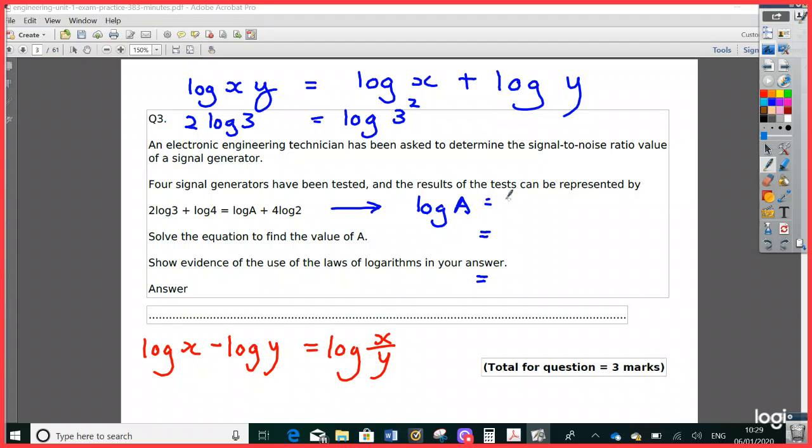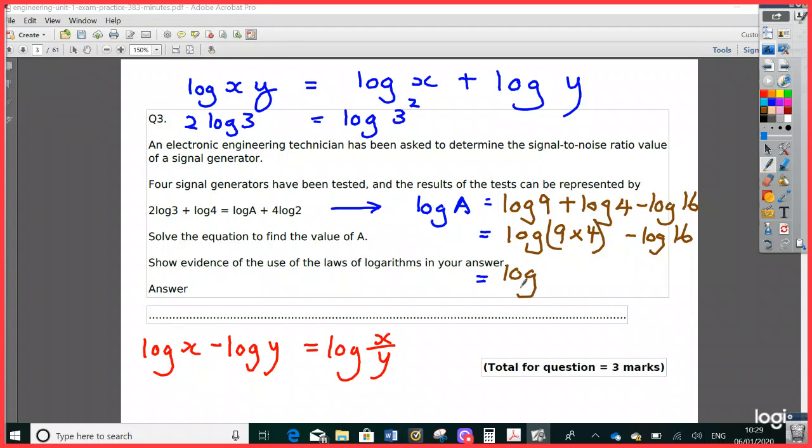So let's just speed this up. This is going to be log 9 plus log 4 minus log 16. Okay, so that means this is a plus, so I can do log 9 times 4 and then minus log 16. That's better.